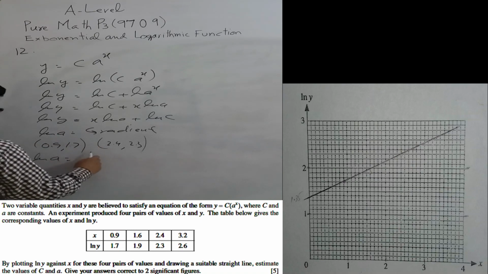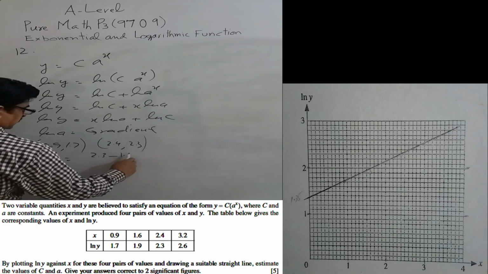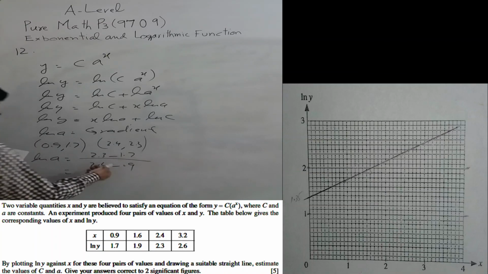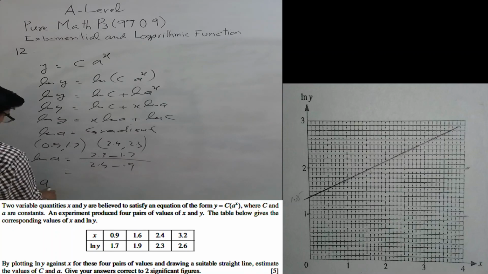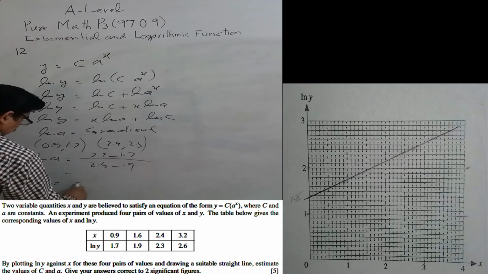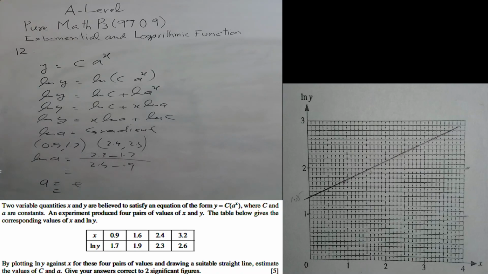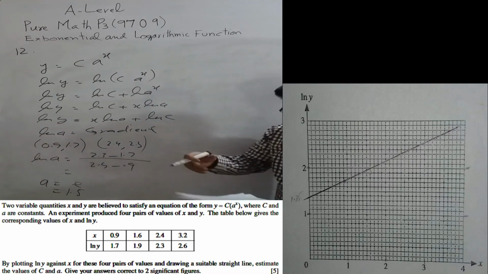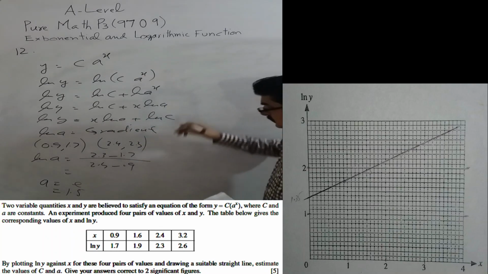From here you find it: (2.3 - 1.7) over (2.4 - 0.9). So using these points, you find this value, and then a is equal to e raised to the power of that value, and you will get the approximate value of a to be 1.5. Answer may vary. You may use, say, the third and fourth point, and you may have slightly different answers.